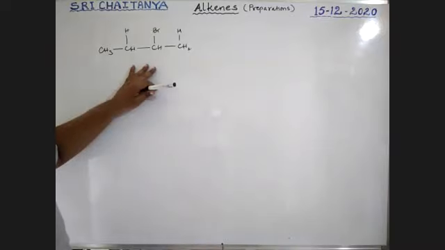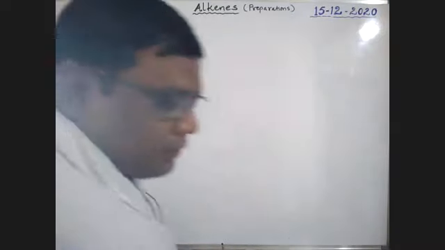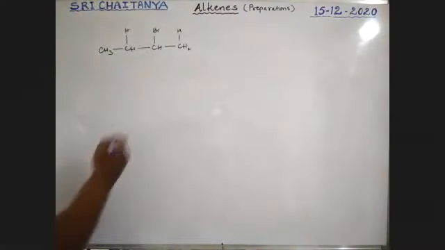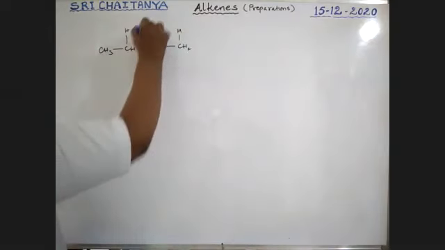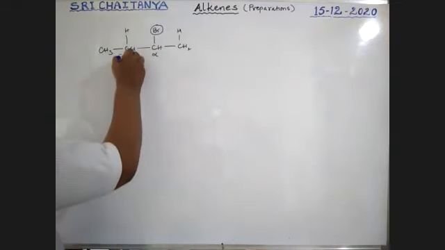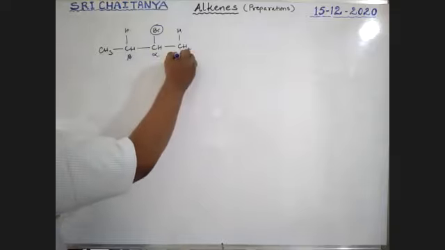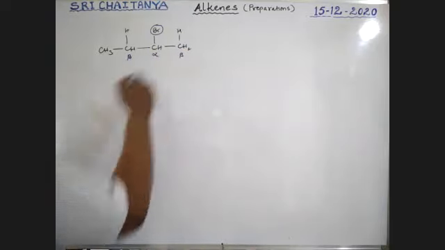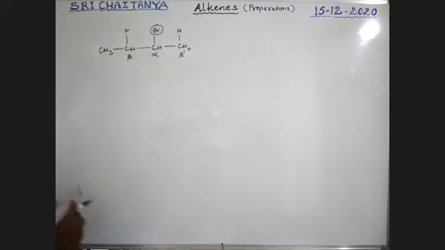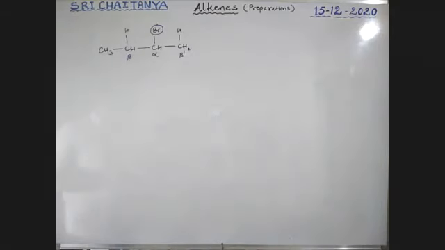Here this is our bromine. This is the alpha carbon. This is a beta carbon, and this is also a beta carbon. The carbons next to the alpha carbon are beta; for convenience I am calling one of them beta dash to distinguish.